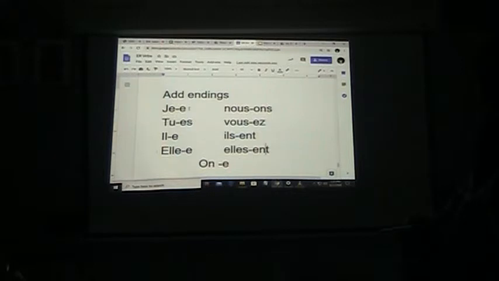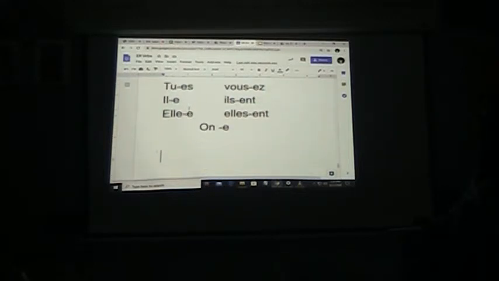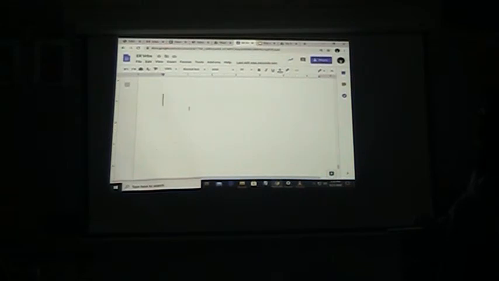So let's look at another verb and just do it together. Let's do bavarder, which means to gossip. What's the first thing you're going to do with this verb, everybody?